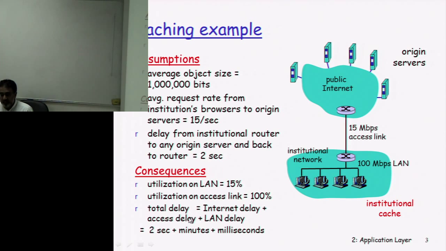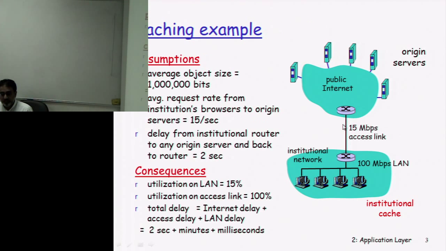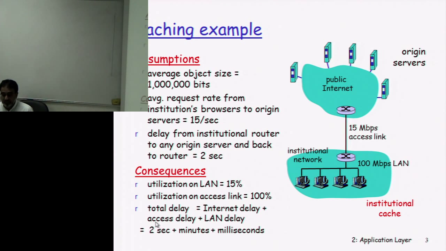Only the delay here, in minutes due to less bandwidth, will change from minutes to milliseconds due to the increase in bandwidth. Definitely in this case the delay will be less or more? Less as compared to the previous scenario. Whatever the answer is, it will be less as compared to the previous scenario.